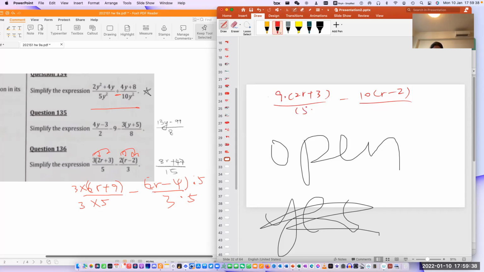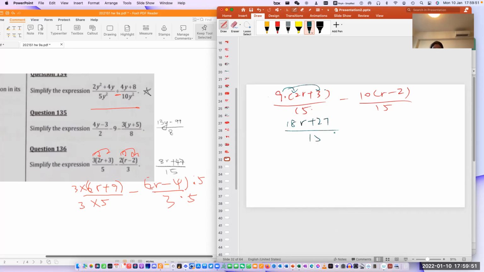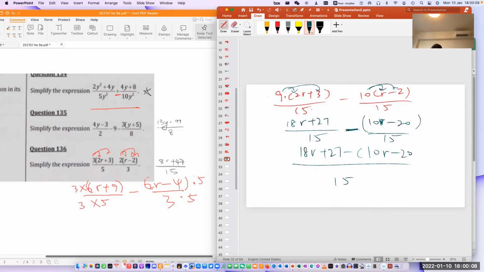Oh, it's so good to use technology. You can just erase. Okay, good. So what do you do next? Open the brackets. Can you erase your handwriting, please? So it's 27. Thanks. So this is 10r minus 20 over 15. So now I have the same denominator. I combine. So it's 10r plus 27 minus. The minus here, I need to minus the entire block, so I give it a bracket.